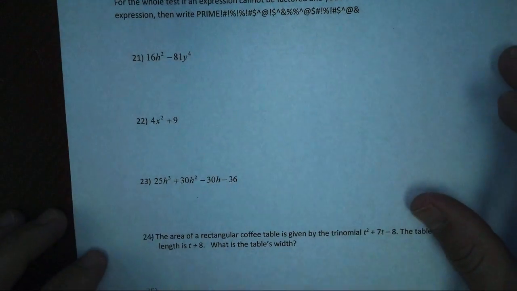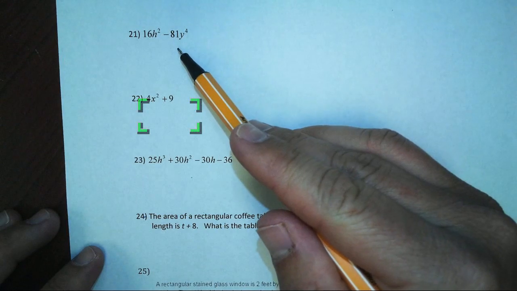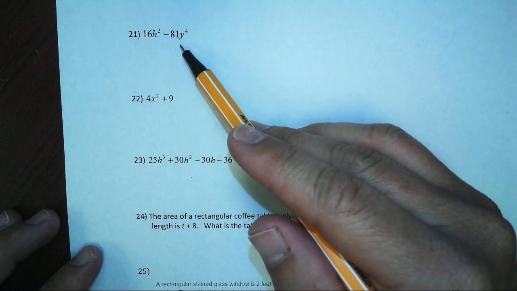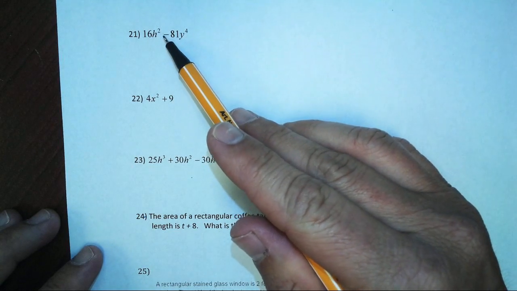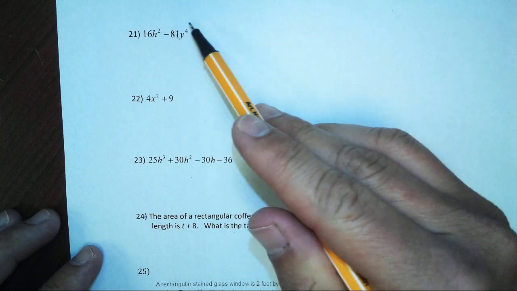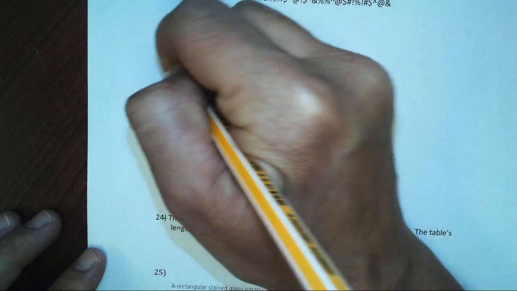Okay, 21. Here we go again. Looking for a GCF. Don't see one. Look for diamond. Not set up for one. Look for box diamond. Isn't. Difference of squares. I see difference. Are these two things we can take the square roots of? Yes, they are. So the square root of 16 is 4.